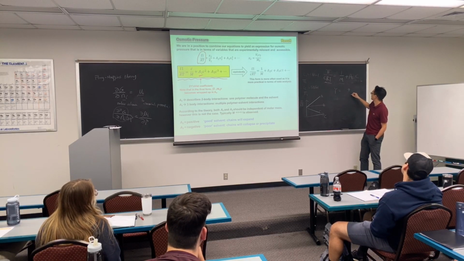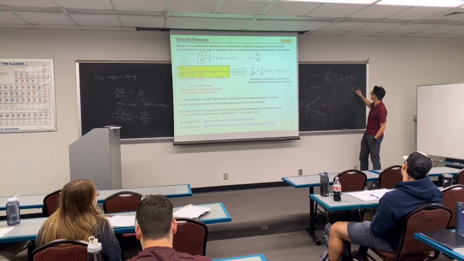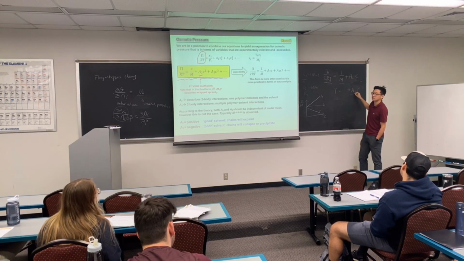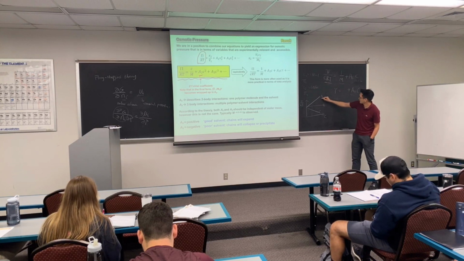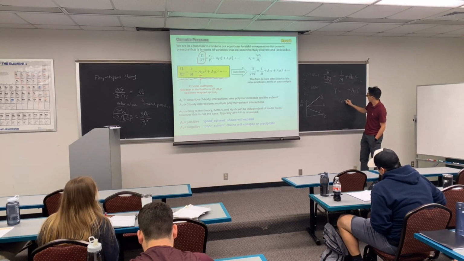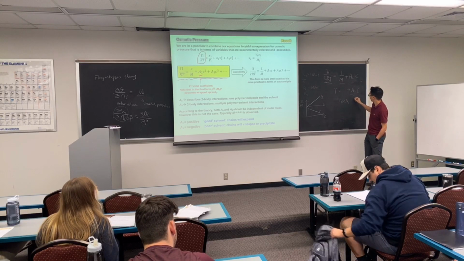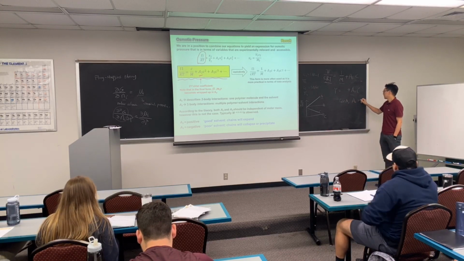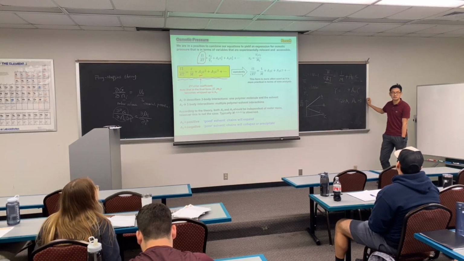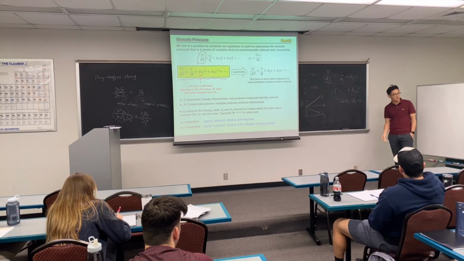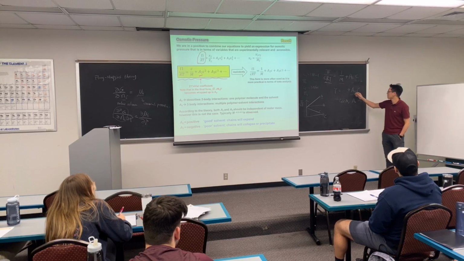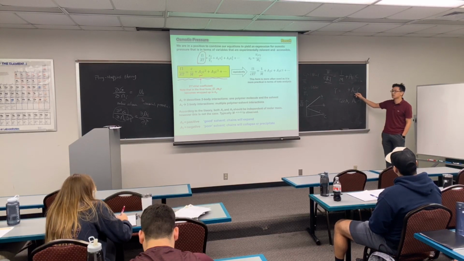Then plus A2 times C. So in case A, A2 is larger than 0. Agree? You would have a positive dependence on concentration if your A2 is positive.